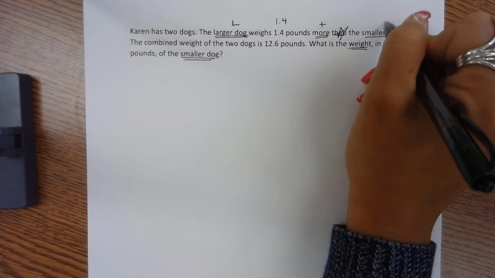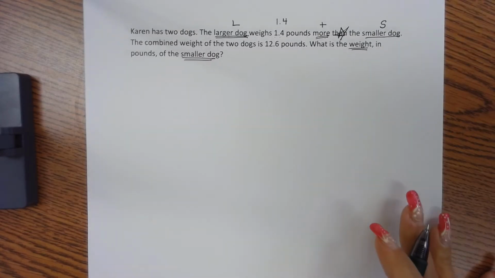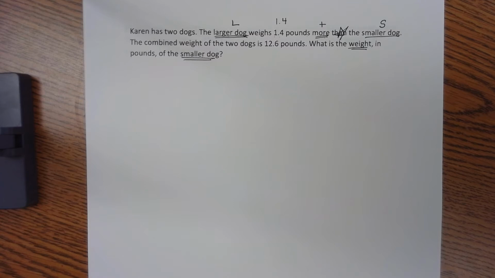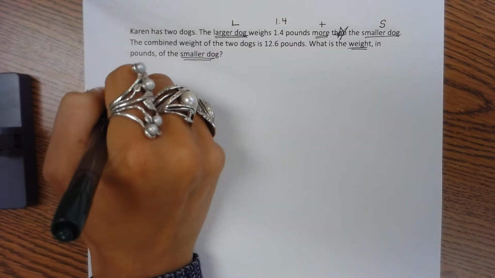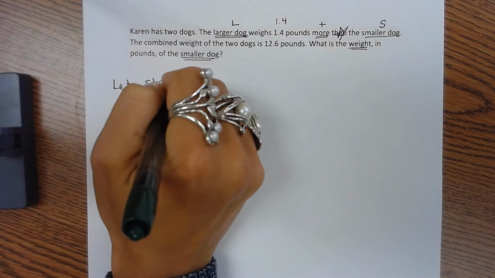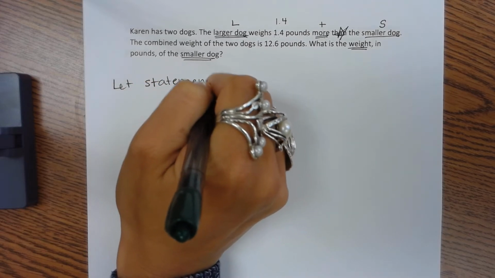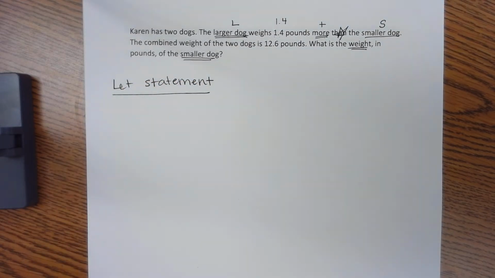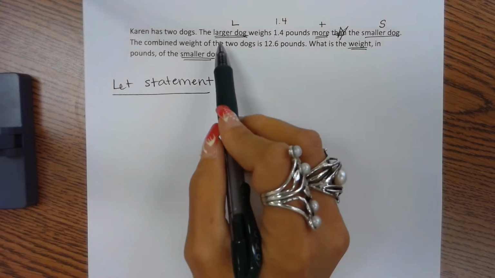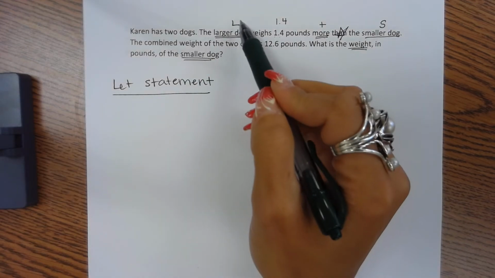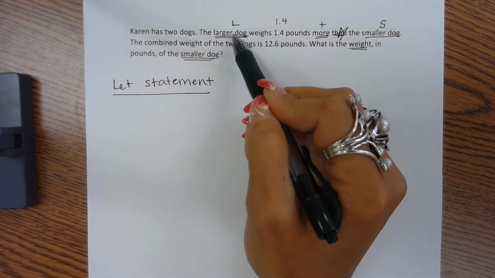No. So what I like to do from here, when I start annotating things that I do not know, and I know that I'm going to have to start setting up equations, the first thing I like to do is write the let statements. A let statement tells me we're going to let L equal the larger dog.